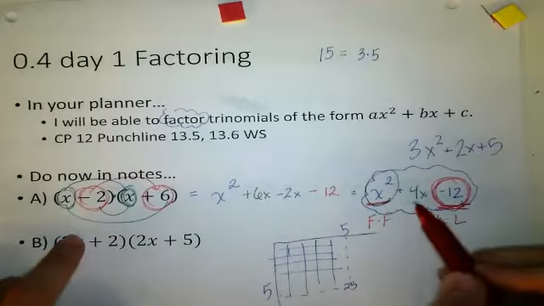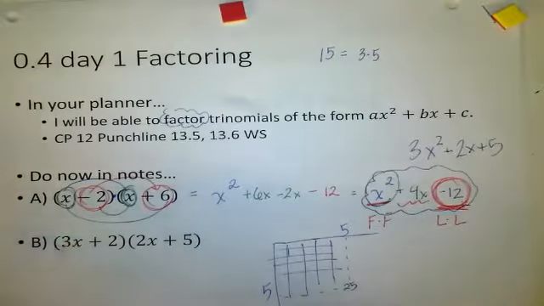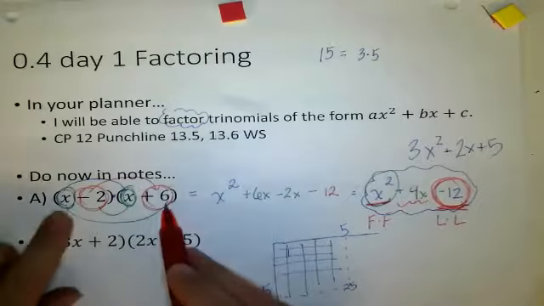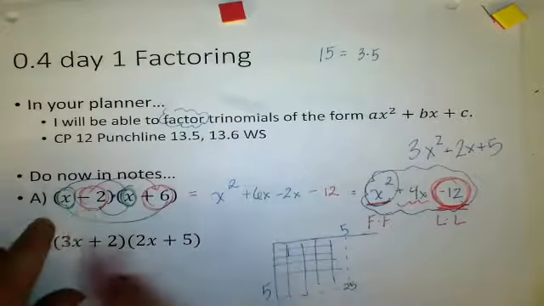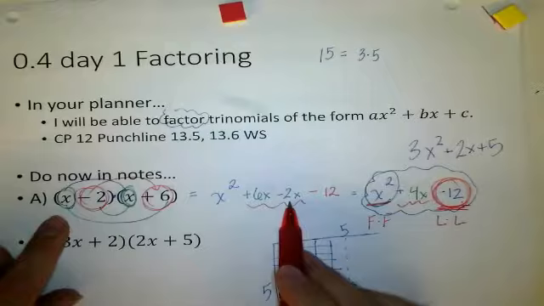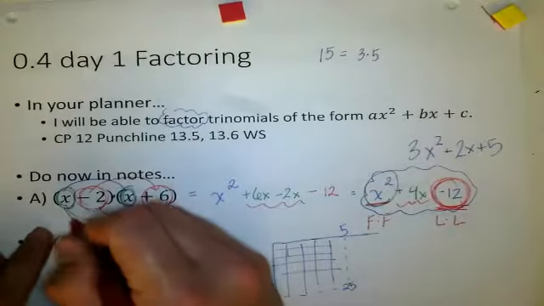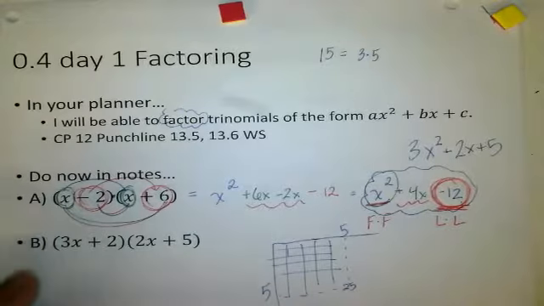Where does this middle thing come from? It's actually from right here, right? From the 6x and the negative 2x. That comes from the outer and inner product.